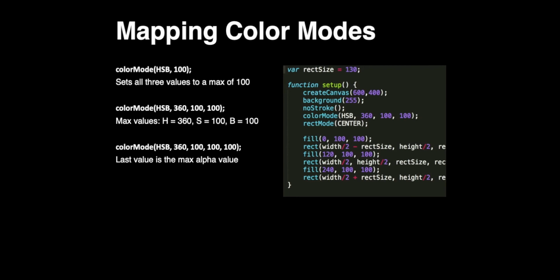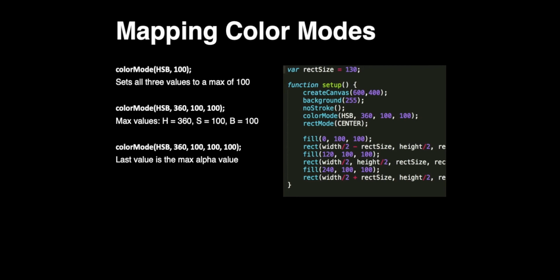So that goes fully around the entire color wheel. Saturation and brightness should be set to 100 because those are more percentage based values. So we want like 50% saturation or 75% brightness.